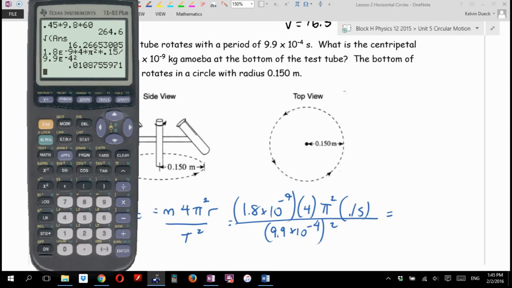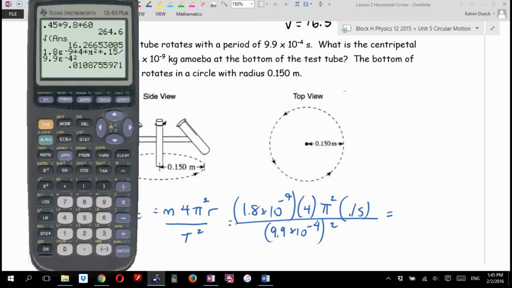As an answer, you should get 0.010875. I think. Let me double check. No typos. Good. If you didn't get that, now's the chance to figure it out. Where you might get the error, some of your calculators might not let you go pi squared.